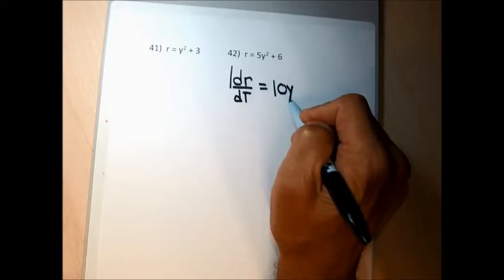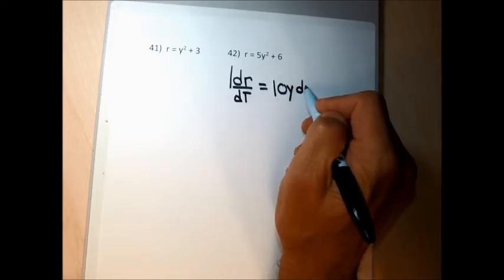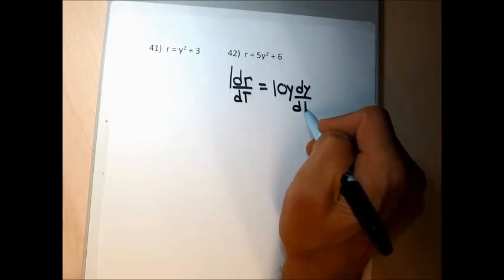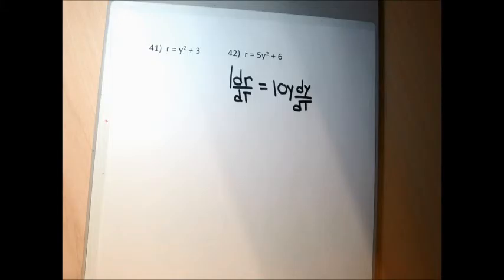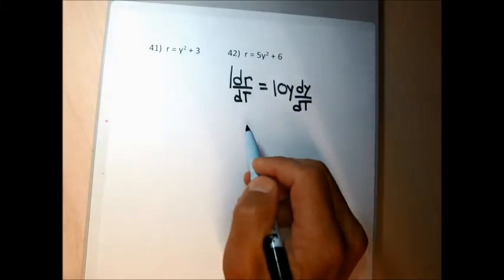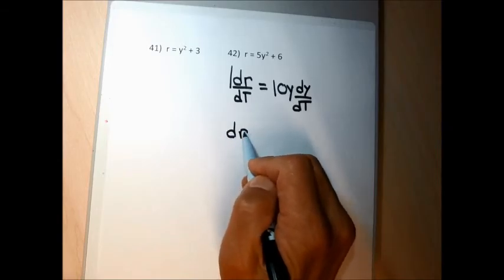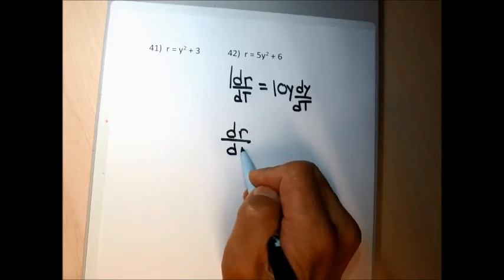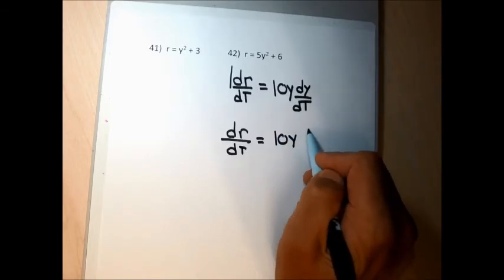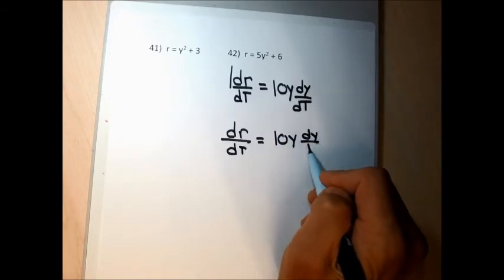I multiply by a fraction. The term had a y in it, so I get a dy in the numerator. I'm taking the derivative with respect to t, so I get a dt in the denominator. The derivative of plus 6 is 0, so I'm done again, because the left side simplifies to dr/dt. That's what I'm solving for. And the right side is 10y times dy/dt.